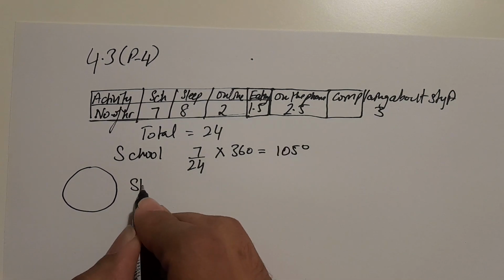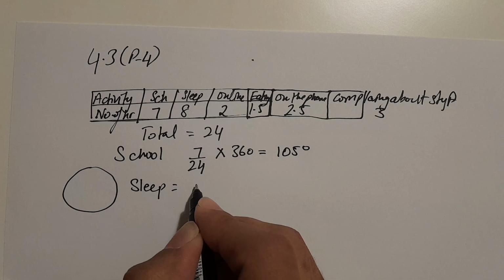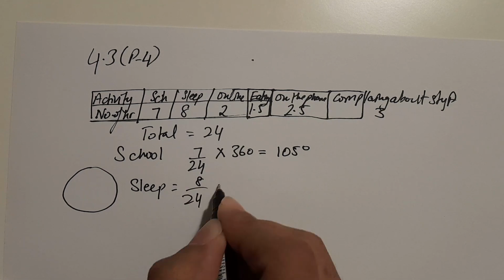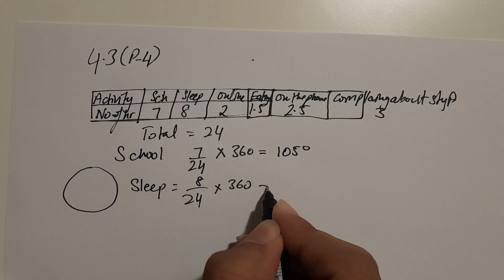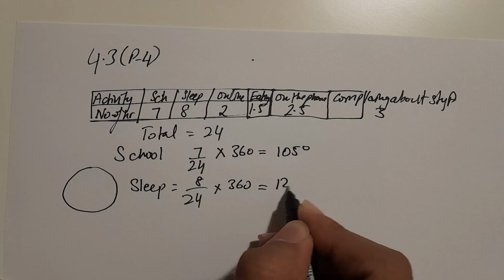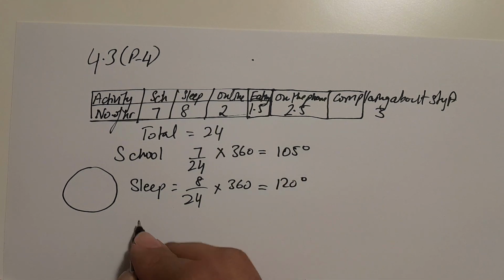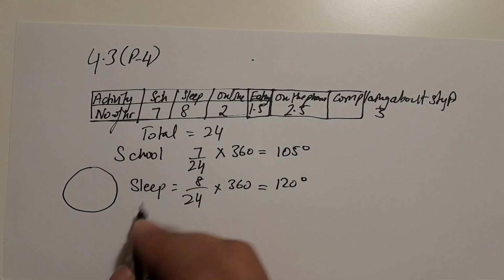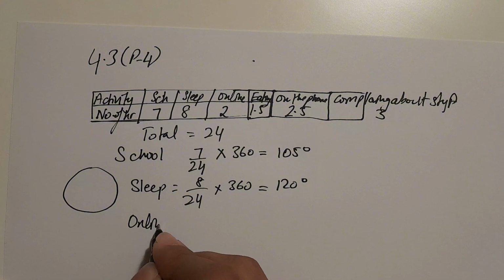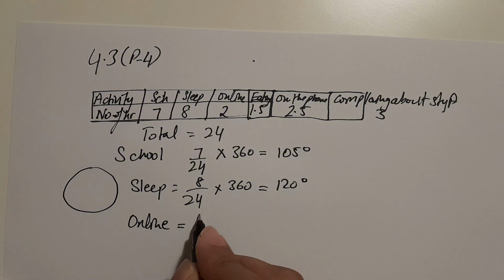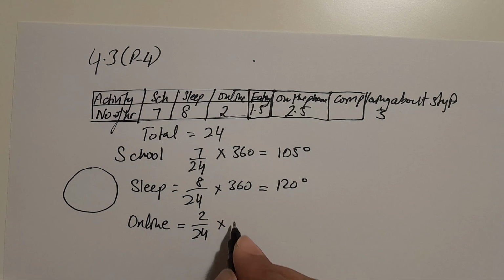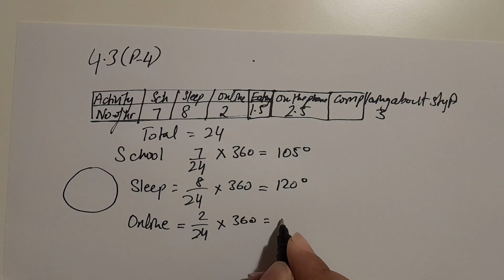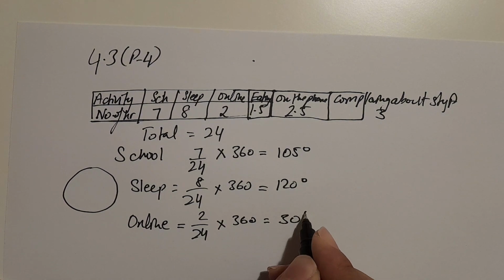Then for sleeping it will be 8 over 24 multiplied by 360, that will be 120. Then for online, that will be 2 over 24 multiplied by 360, that is 30 degrees.